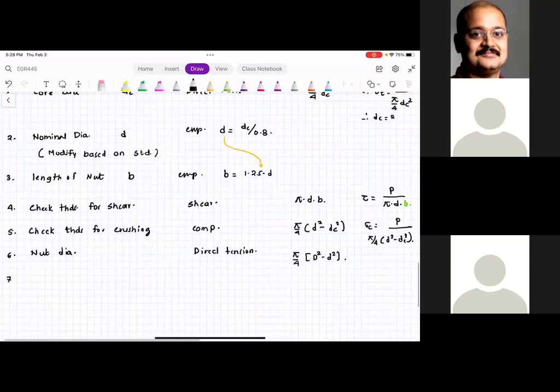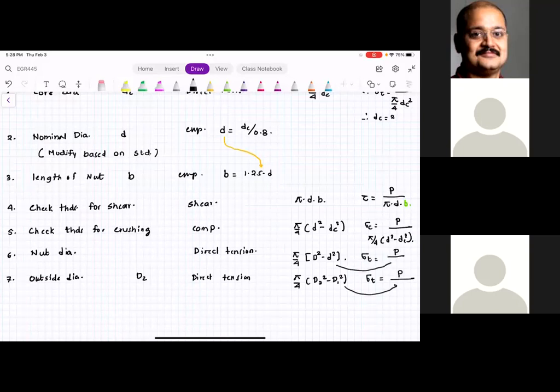And outside diameter, again this is direct tension, which is pi by 4, this is d2 square minus d1 square. Sigma t is equal to P divided by this area.